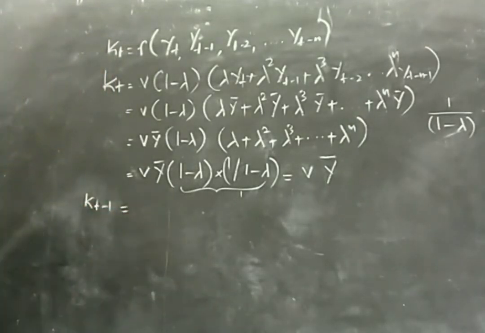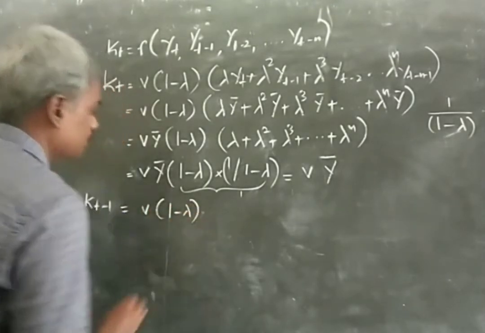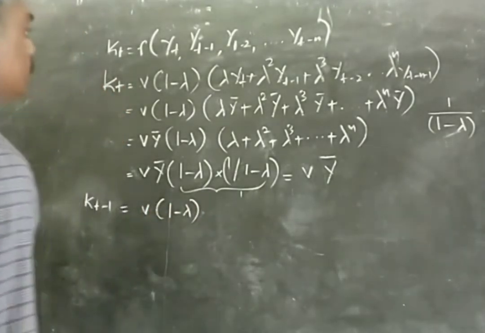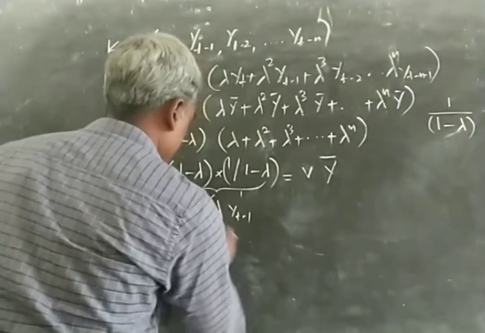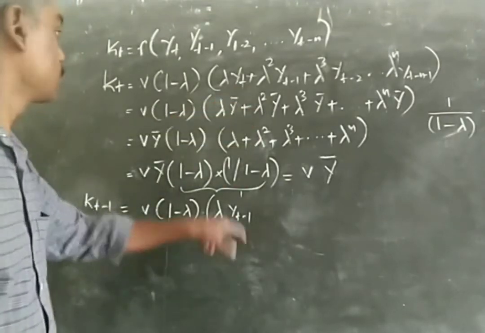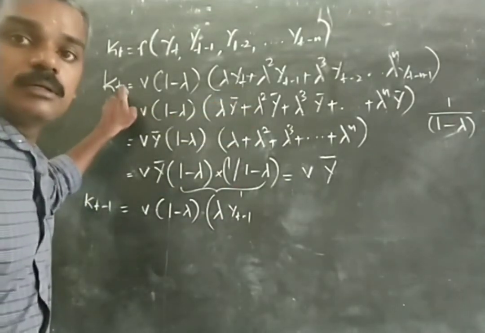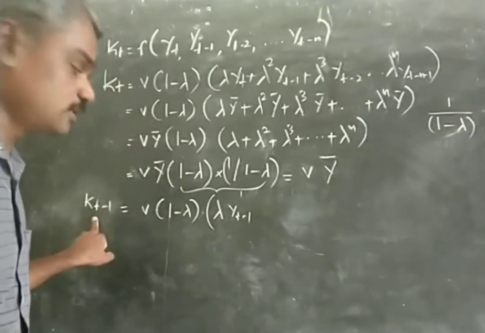KT minus 1 is equal to nu into 1 minus lambda into lambda yt minus 1. Here this yt changes to yt minus 1 because here we have been modeling the current year's capital stock, but here we are modeling previous year's capital stock.